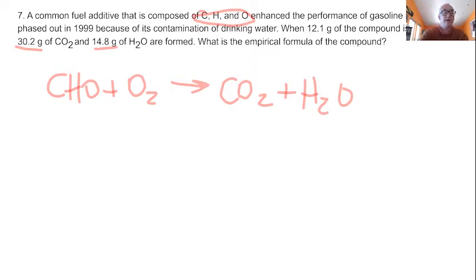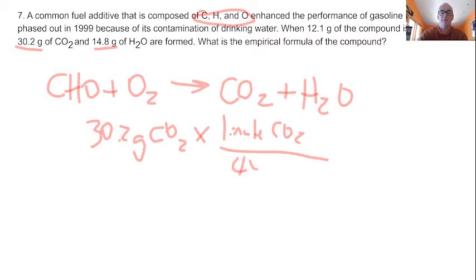So 30.2 grams of CO2, you want moles of CO2. And a mole of CO2 is around 44 grams. So that will give you moles of CO2. It also gives you moles of carbon, right?